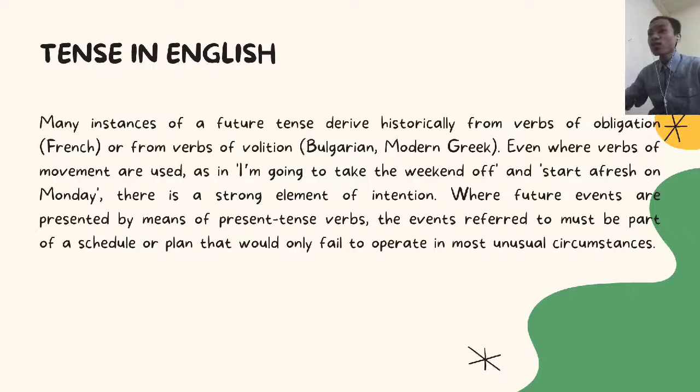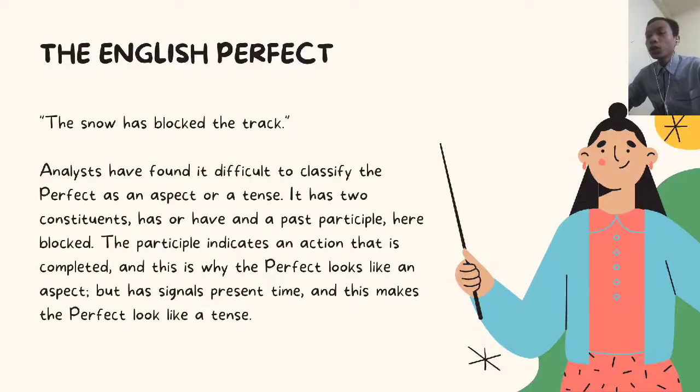There is a strong element of intention where future events are presented by means of a present tense verb. The event referred to must be part of a schedule or plan that would only fail to operate in most unusual circumstances. Okay, you can see the example here.